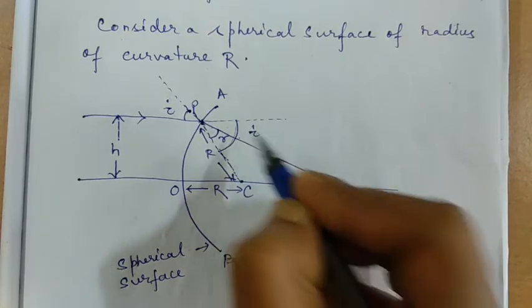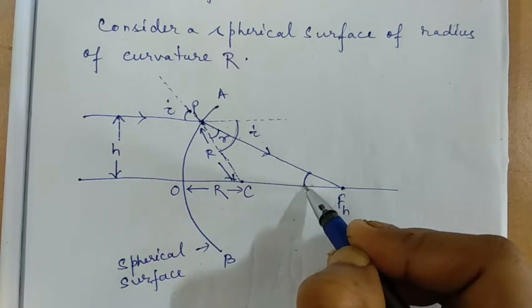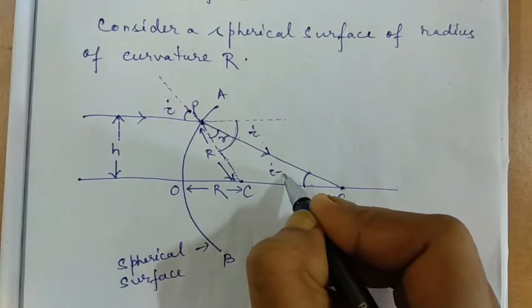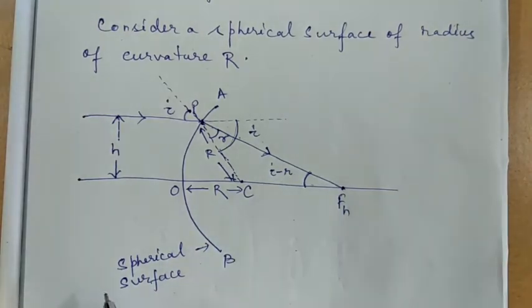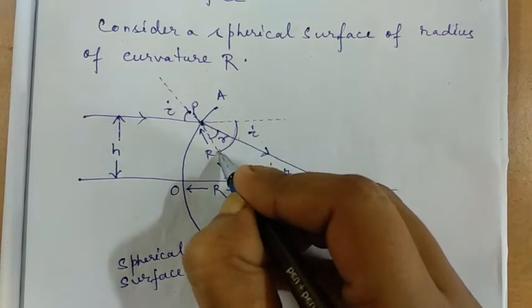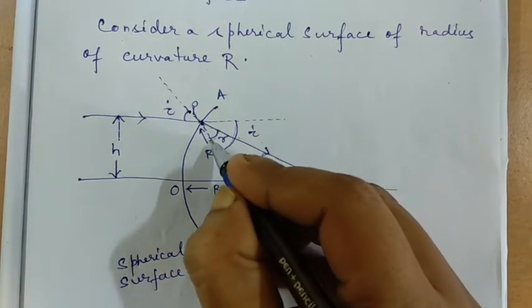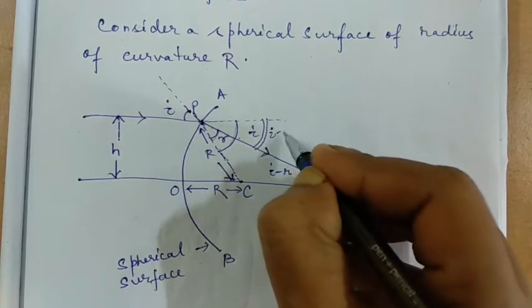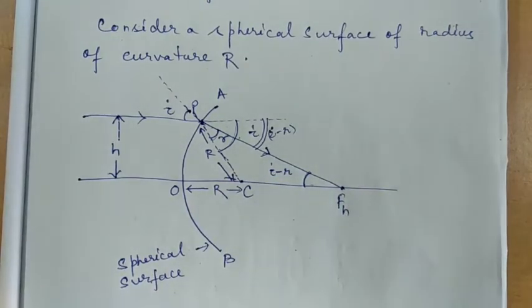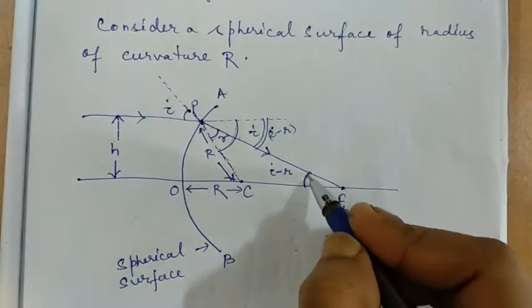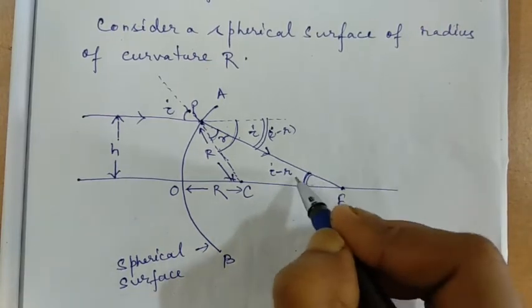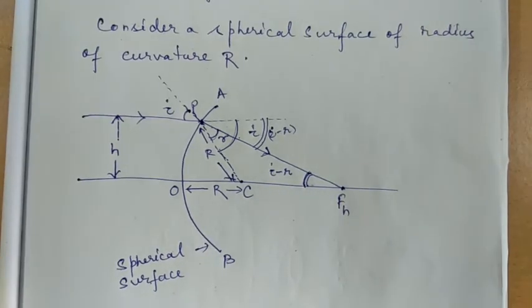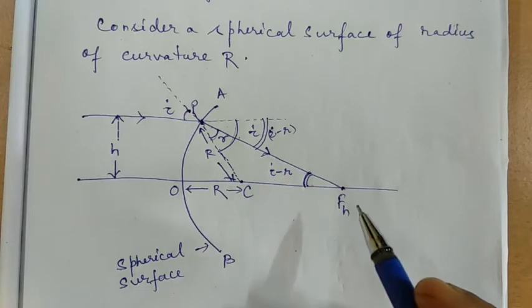If this is I minus R, then we can say that this is also I minus R. This is the corresponding angle. Again I am telling you, this total angle from here to here is I, this is R, so this angle is I minus R. This is also I minus R due to the corresponding angle, as we know corresponding angles are equal.